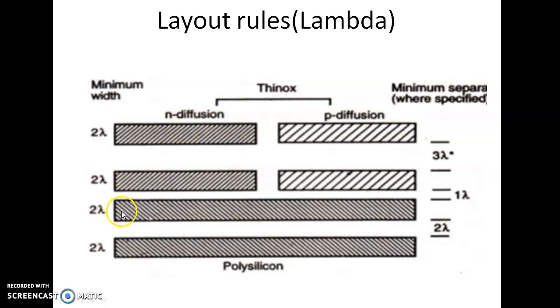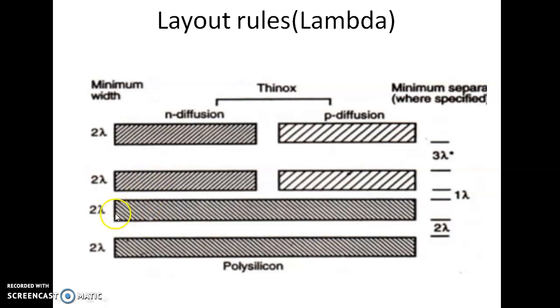Similarly, what is the minimum width of the polysilicon? This is the polysilicon. Polysilicon is the material used for forming the gate. And this orientation, if you see, is different when compared to diffusion; N diffusion and polysilicon are opposite.